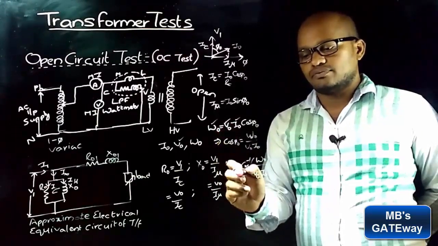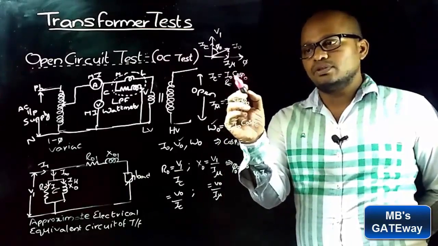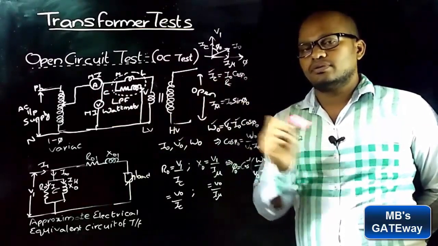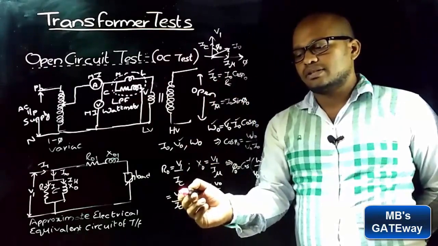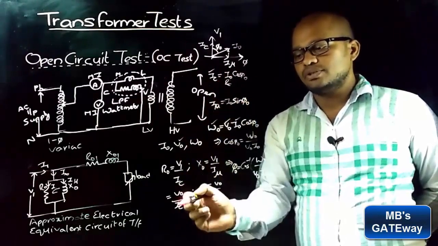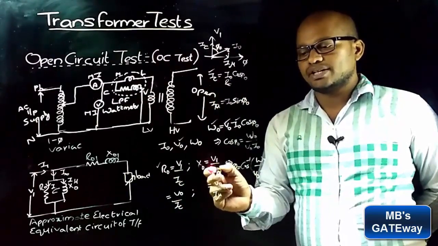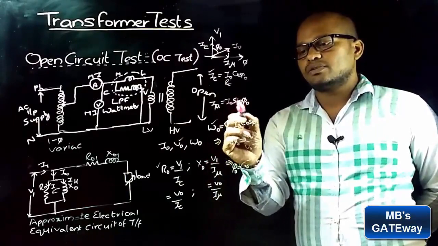Therefore, as phi naught is found, place this phi naught in this. Therefore, power factor is known, and I naught is known from the ammeter reading, which gives you IC. So place this IC in this, and as V naught is known and IC is found, then we can find the R naught value. And similarly, to find X naught, we know V naught, and I mu is given by I naught sin phi naught.